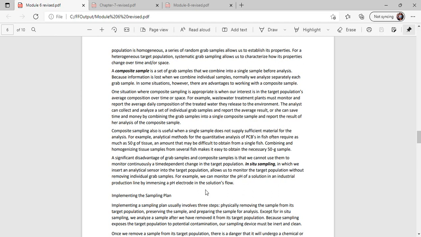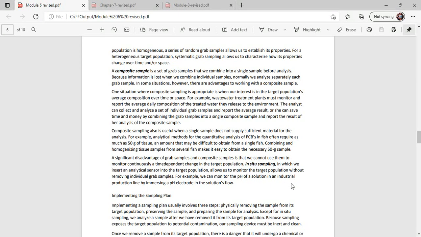Okay, therefore, we have the in situ sample, in which we insert an analytical sensor into the target population, allowing us to monitor the target population without removing an individual grab sample.